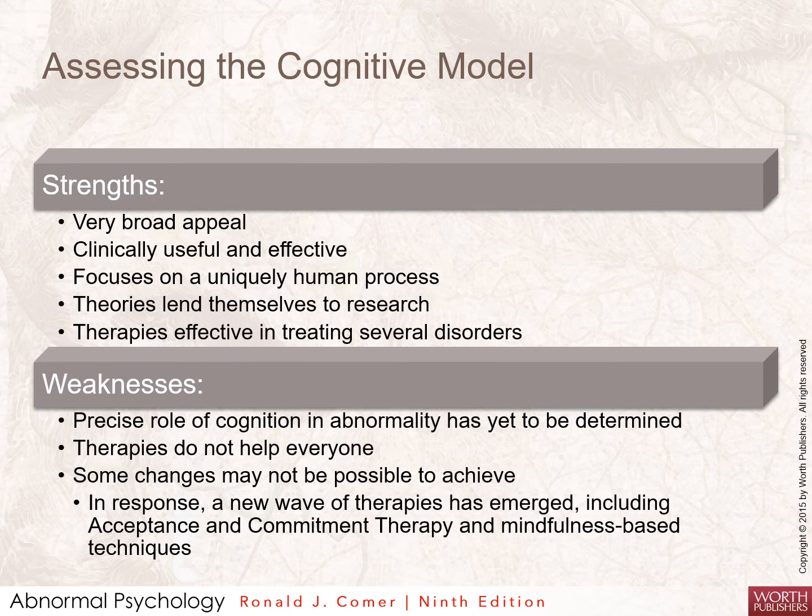This has also been combined with mindfulness-based techniques. So now you have cognitive therapy that's involving mindfulness. Is it more effective? I don't know yet. We need to look for the data. But mindfulness, which is meditation, has become a big part of the cognitive behavioral and the dialectical behavioral model. The dialectical behavioral model has mindfulness as a major component of it.